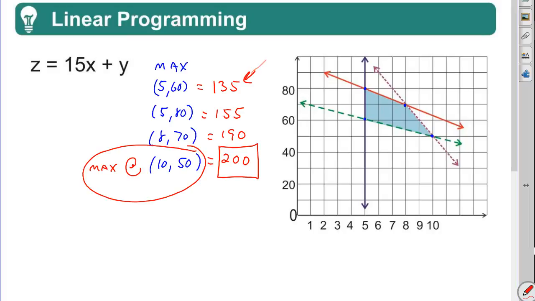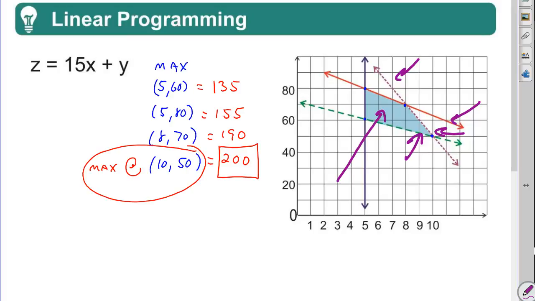So let me review again what we've got here with linear programming. We have constraint inequalities, right? They constrain you. When you graph an inequality and you shade, we end up shading the feasible region.